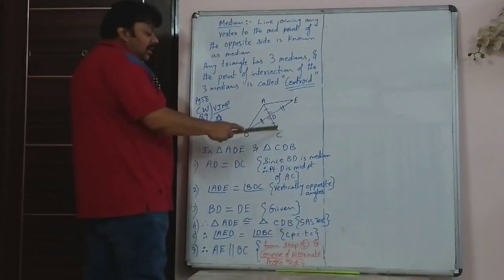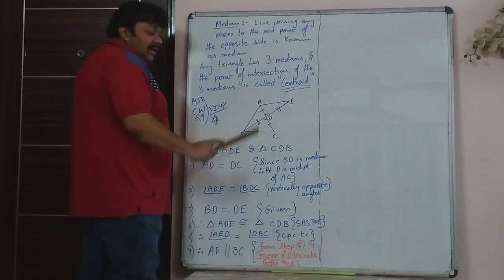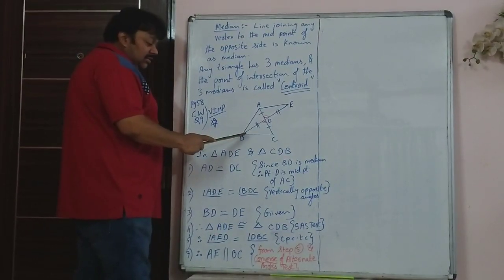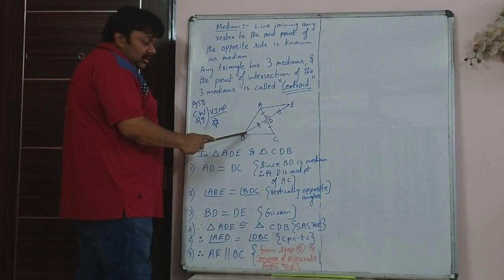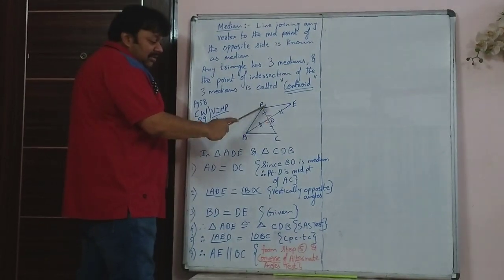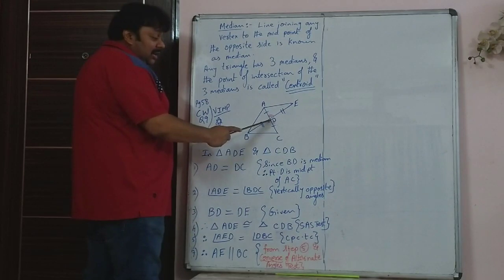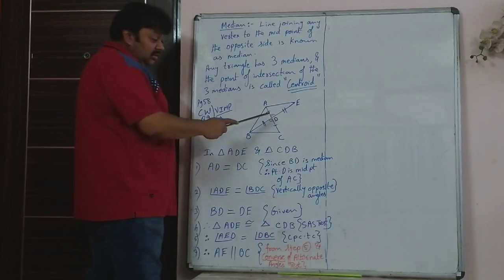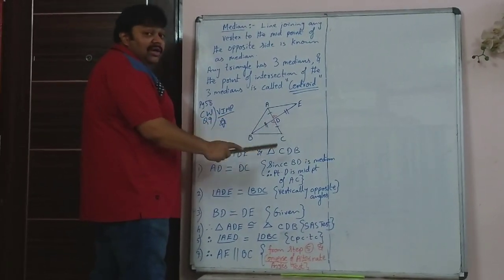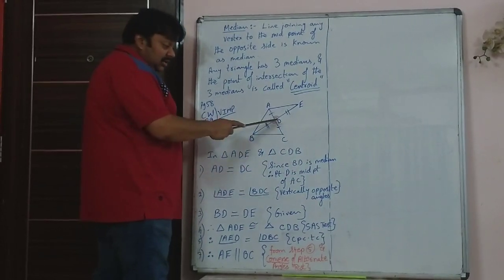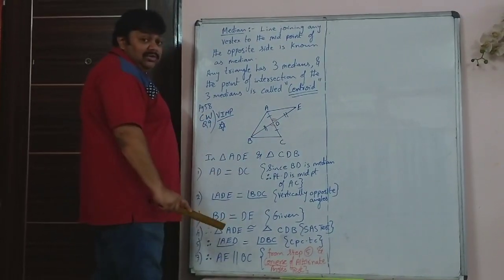It is given in triangle ABC, BD is the median. A median is a line joining any vertex of a triangle to the midpoint of the opposite side. So if BD is a median, it means D is the midpoint of AC. If it is given as a median, that automatically means D is the midpoint of AC.